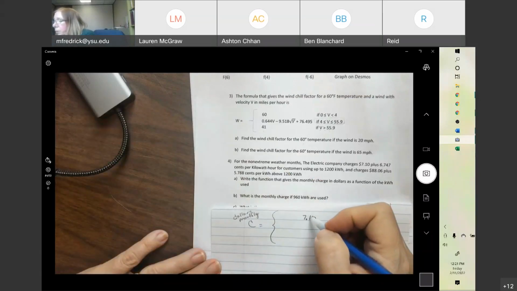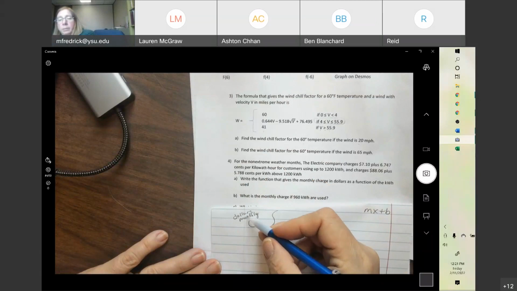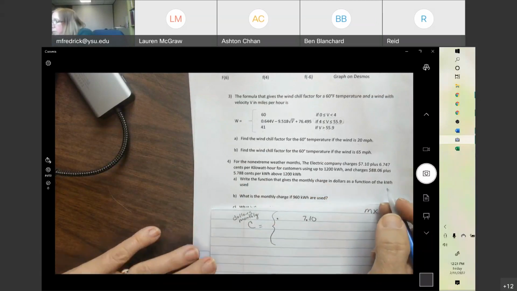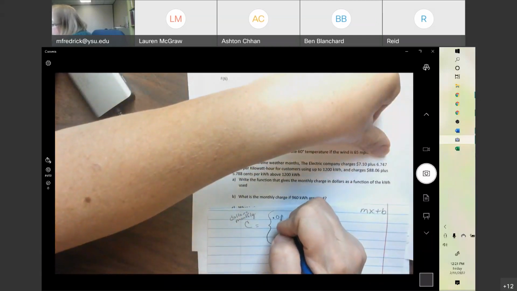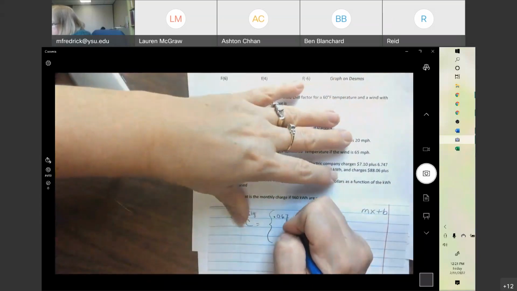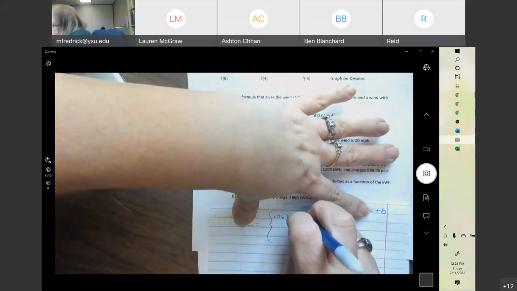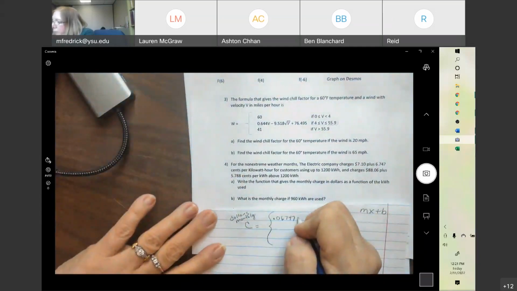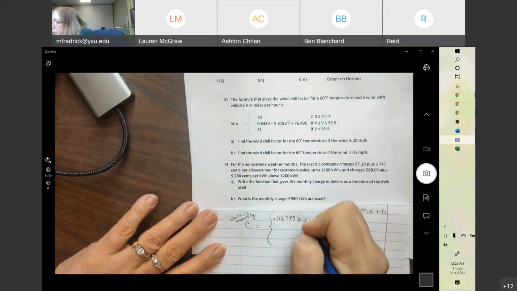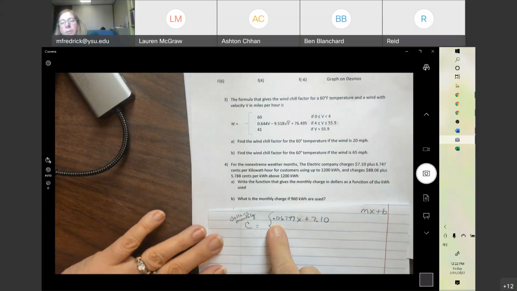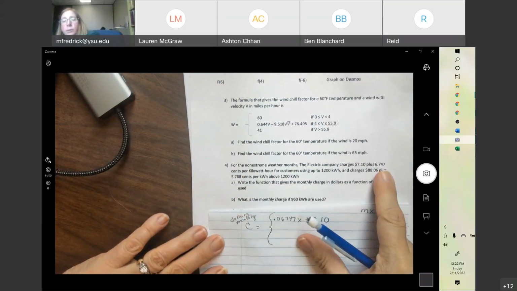We need to change it to dollars because they want the cost to be in dollars. So it would be 0.06747 times, we'll use x. So I changed my pennies to dollars.